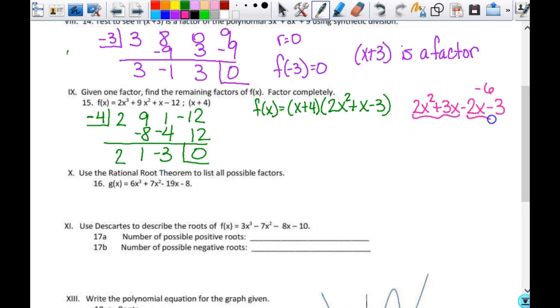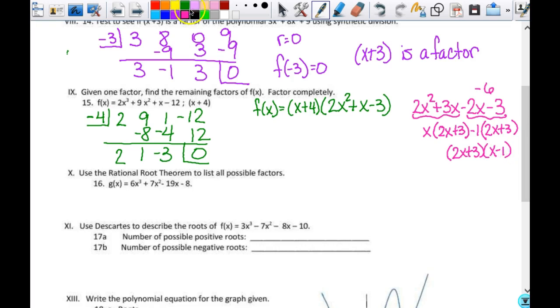So I'm going to factor by grouping here. This is going to give me x times 2x plus 3. Then I have to factor out a negative 1 here, and that's going to give me 2x plus 3 there also. So this becomes 2x plus 3 times x minus 1.